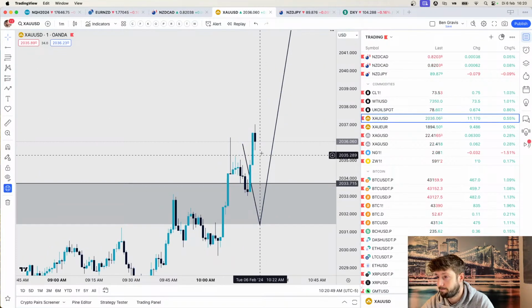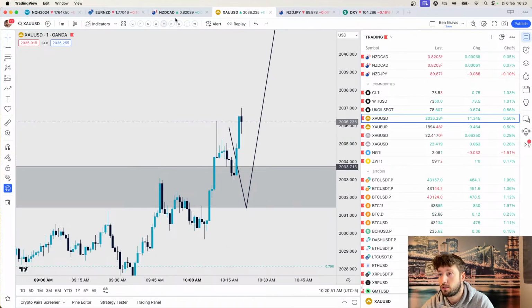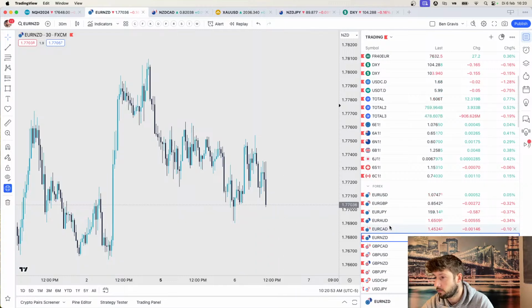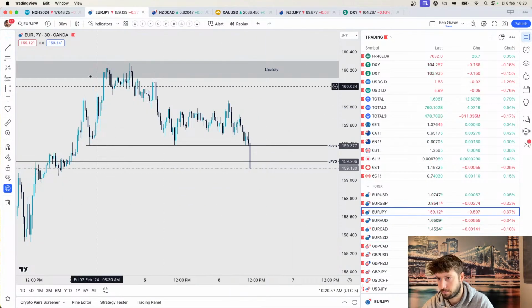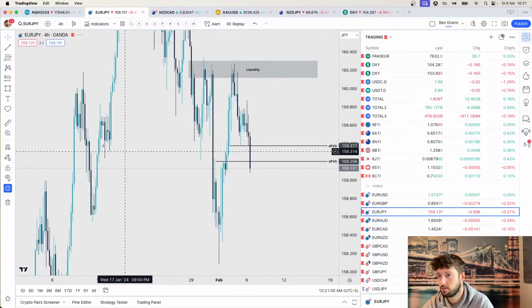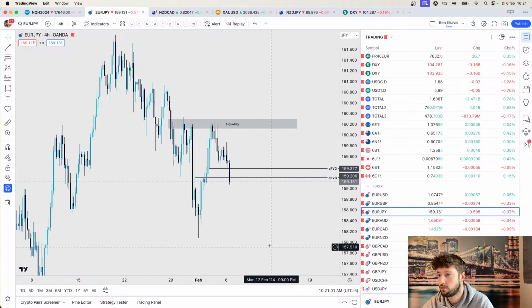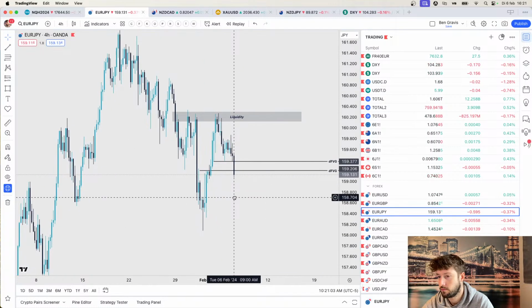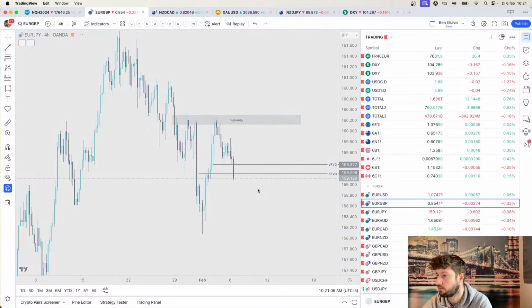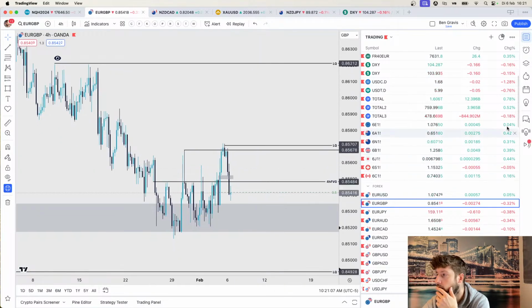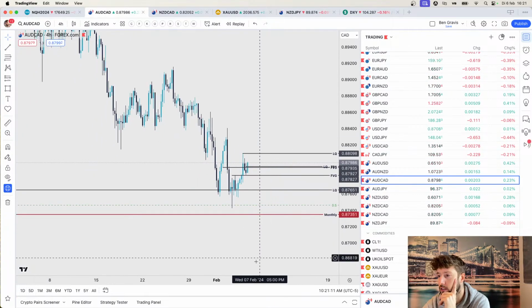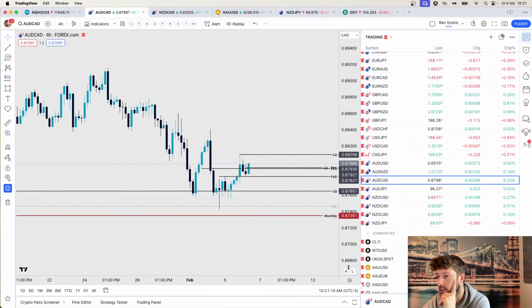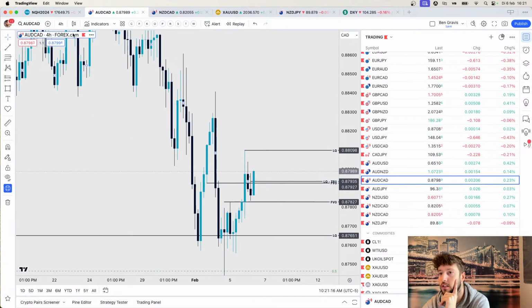Yeah, gold's not giving me the entry. Australian dollar Canadian is also something that's on my mind still. It's a bit the same as NZD Canadian.